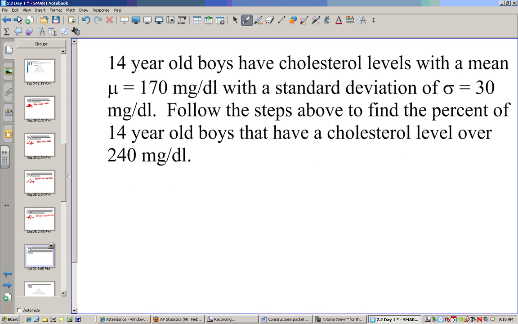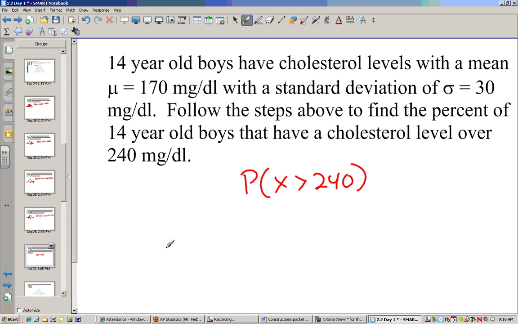All right, 14-year-old boys have a cholesterol level with a mean of 170 milligrams per deciliter and a standard deviation of 30 milligrams per deciliter. Follow the steps to find the percent of 14-year-old boys who have a cholesterol level over 240 milligrams per deciliter. So what we want to do is find the probability that it's going to be over 240.